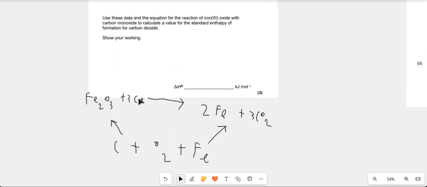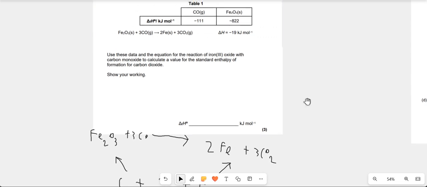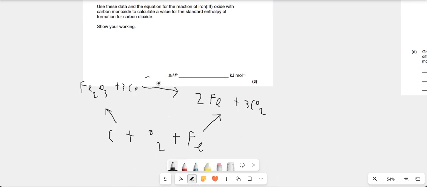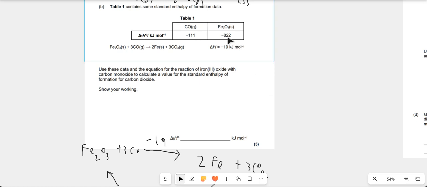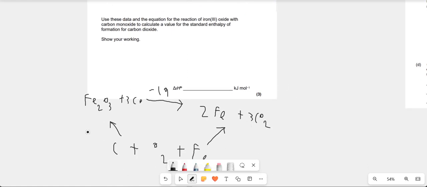Alright. Once you've got this little Hess thing going on, I can say this reaction is minus 19, it tells us. So I can write minus 19 here. Now, to go from there to there, I'm going to need to form Fe2O3. That's minus 822. And I'm going to need to form 3COs, so that's 3 times minus 111. So it's going to be minus 822 plus minus 111 times 3, and that in total is going to give you minus 1155.